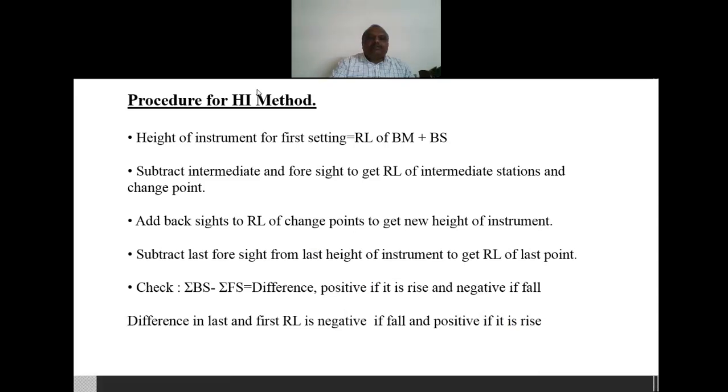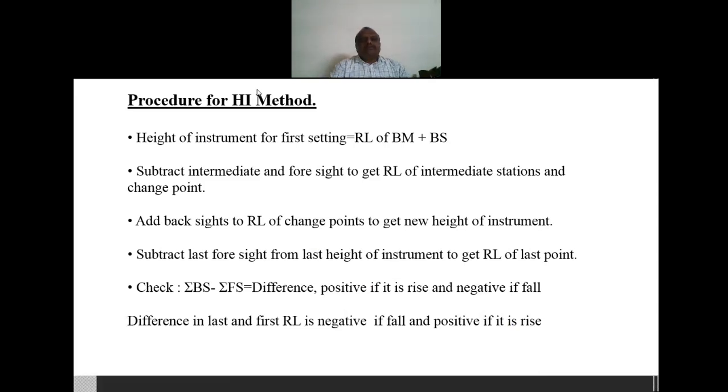The same procedure is repeated, that is, subtract the last foresight from the last height of instrument to get the RL of the last point. Also a check is required to see whether any error arises or not. So here sigma BS, the summation of backsights, minus sigma FS, the summation of foresights, will give you some value.